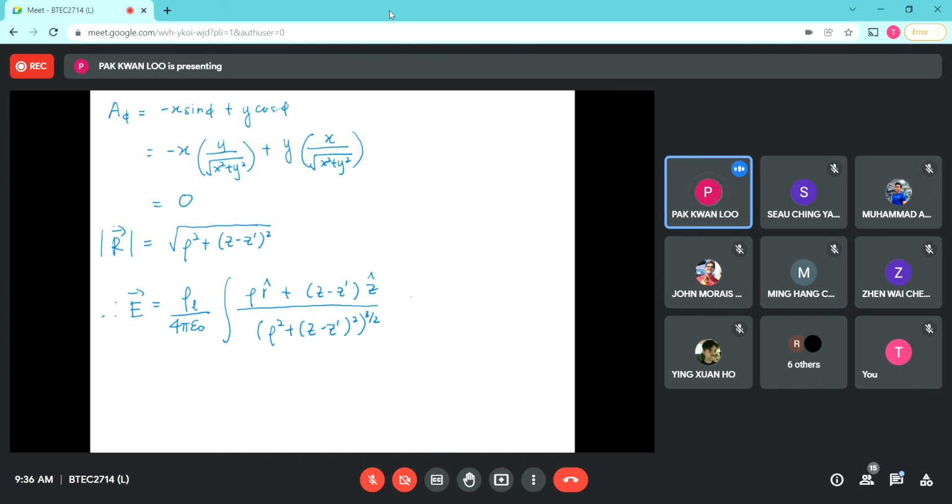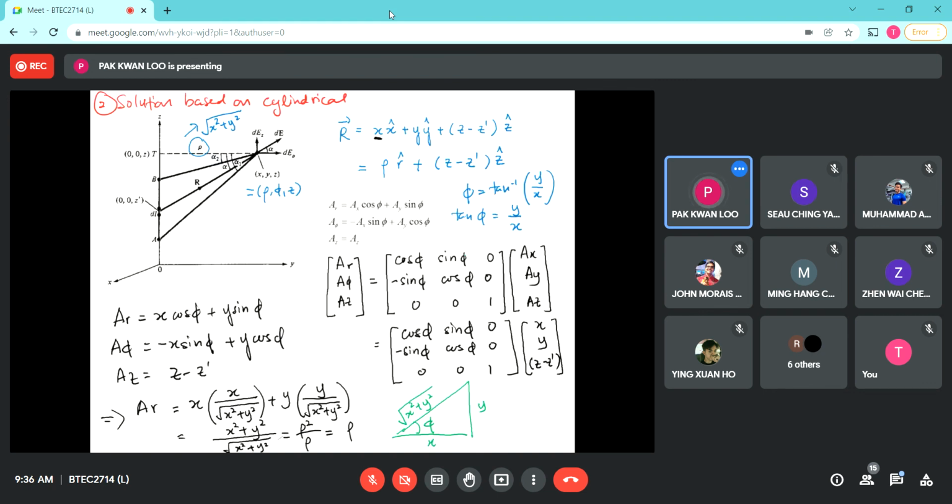So z prime is a variable point. Even though I mentioned that this is arbitrary, we can choose it arbitrarily, and this point can be anywhere.